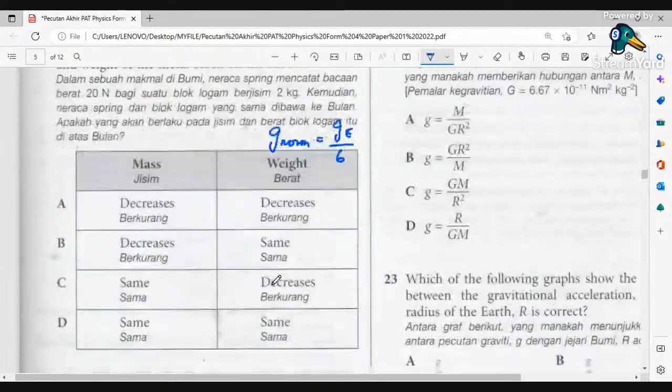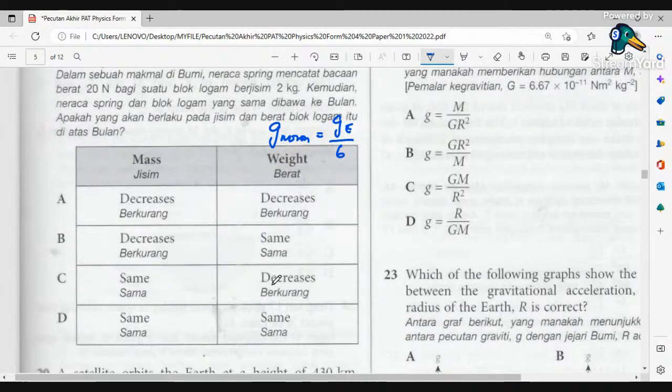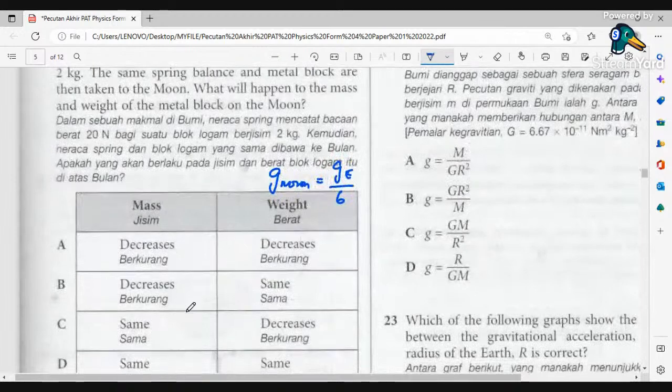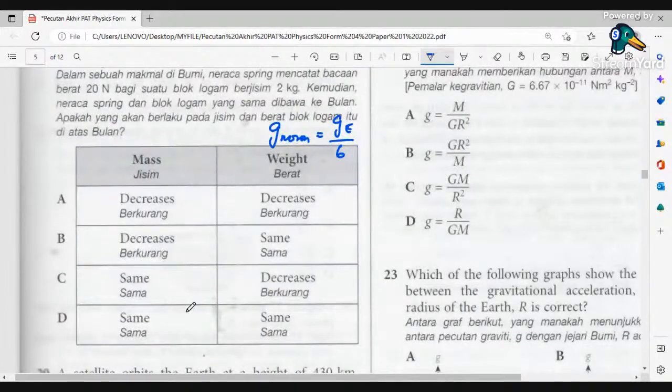Okay, let's look at mass and weight. Mass is amount of matter contained in an object. So means total amount of matter is always constant. Okay, even though you go to the moon, total mass is still the same. So mass is same. So A and B is out already lah. Okay, how about weight?